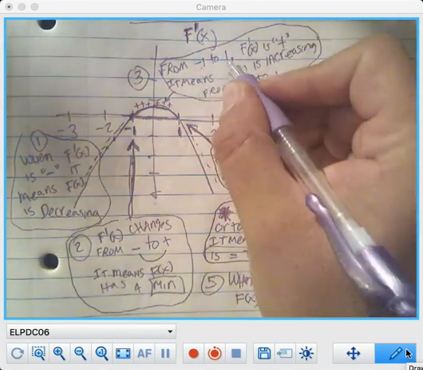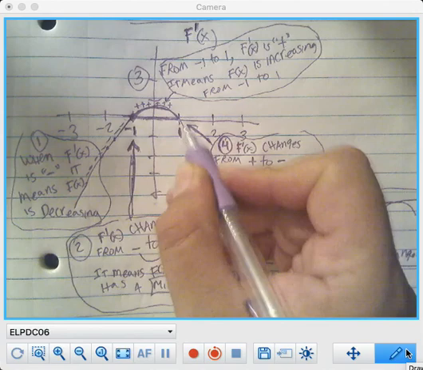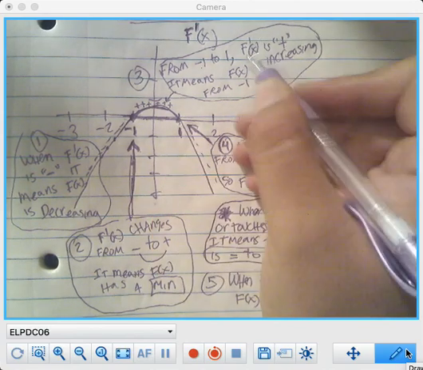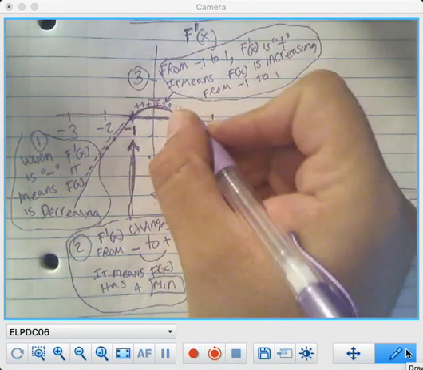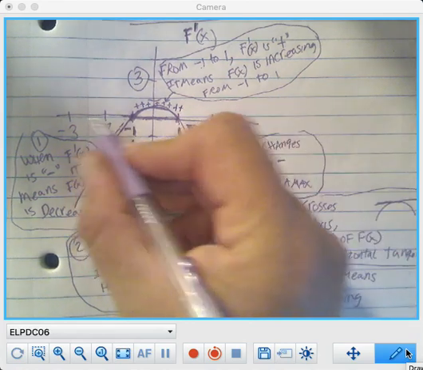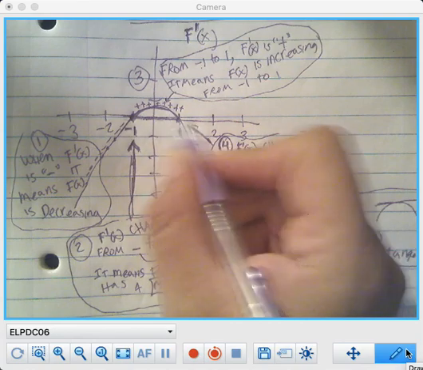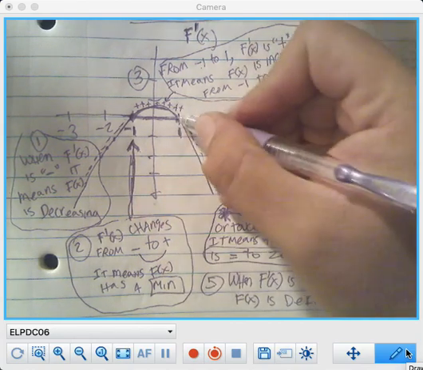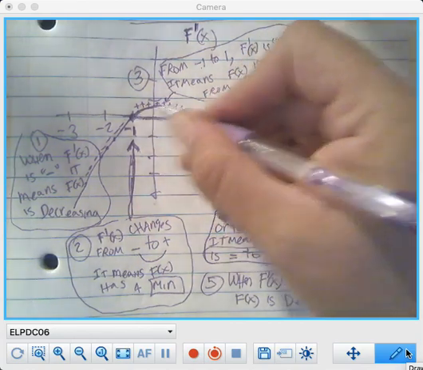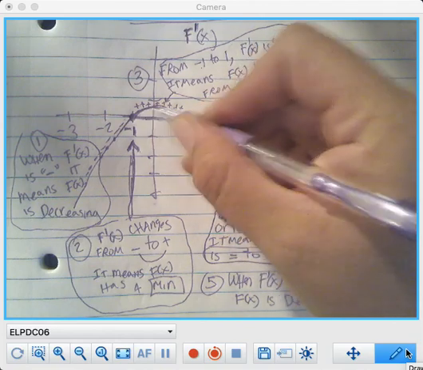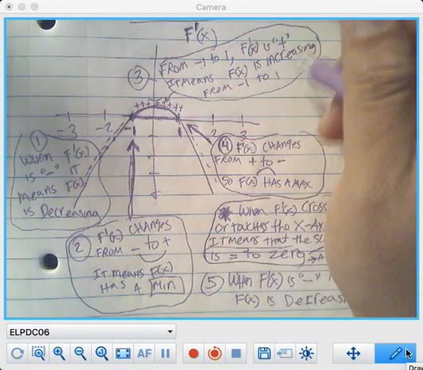From negative 1 to 1, that means from negative 1 to 1 right here, f prime is positive. How do we know? Well, we just said that anything above y equals 0 is positive. So you see how your line is at the top right here? So that means that your function is positive.